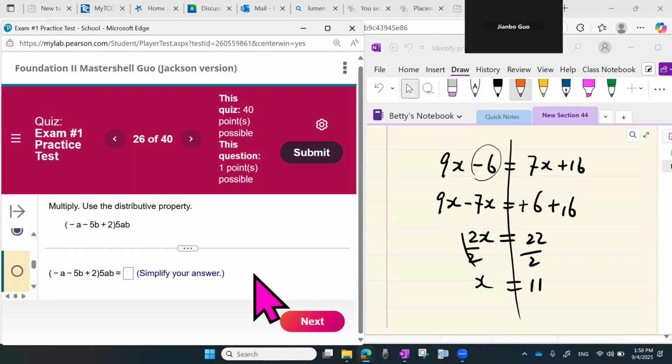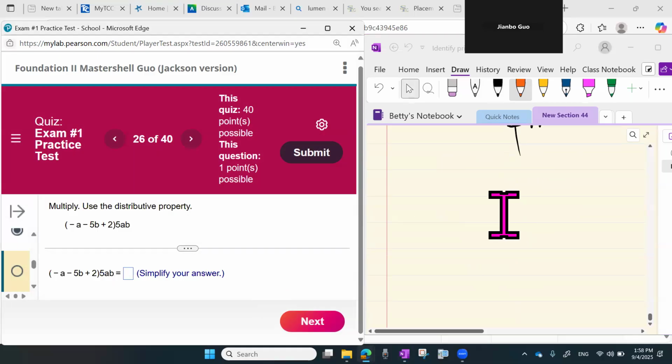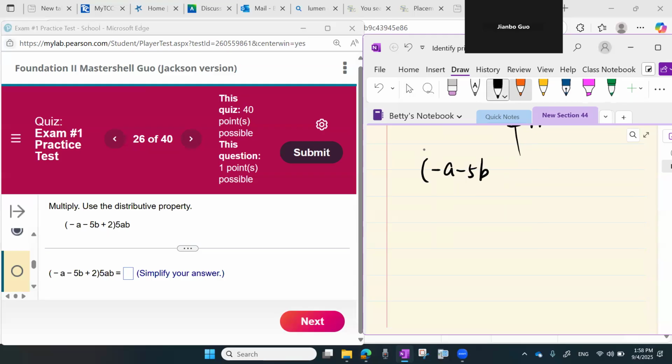Question number 26. Simplify, or distribute. Multiply, use the distributive property. Parentheses, -a minus 5b plus 2, close parentheses, times 5ab. And we have a parentheses.